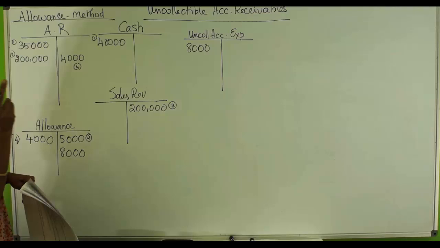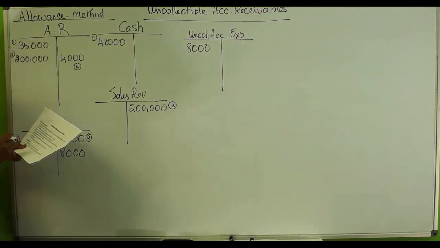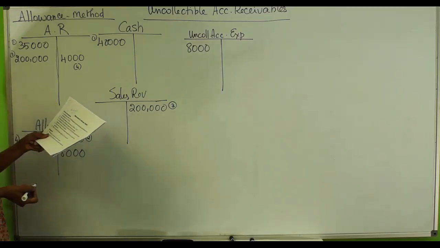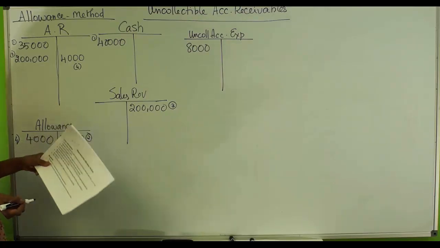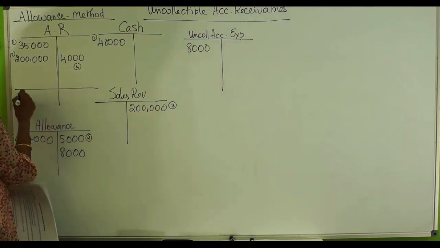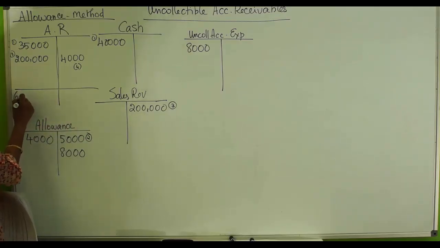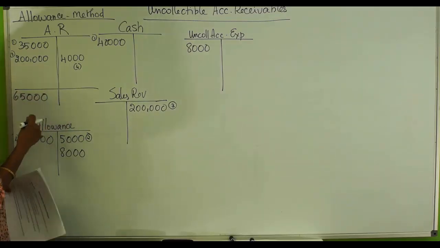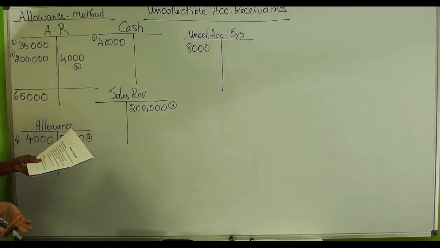Remember, the balance sheet will present the accounts receivable and the allowance. Now number 6, it says the accounts receivable balance on December 31 of 2023 was $65,000. So here they must have collected some accounts receivable. How much would they have collected?